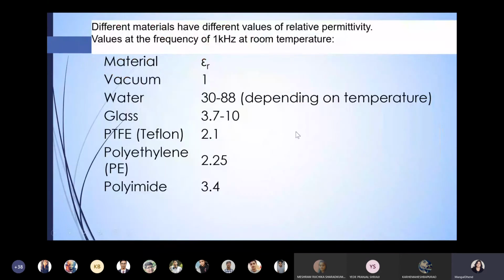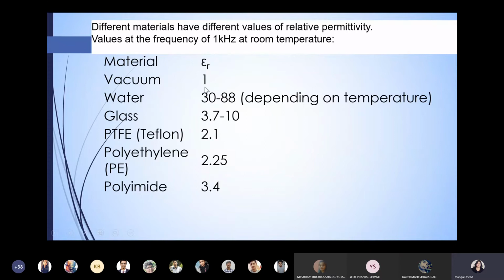So different dielectric materials can be used in capacitors, and the permittivity of that dielectric material should be very high if you want high farad capacitors, from microfarad to farad and millifarad. You have to select a proper material whose permittivity will give that much capacitance.